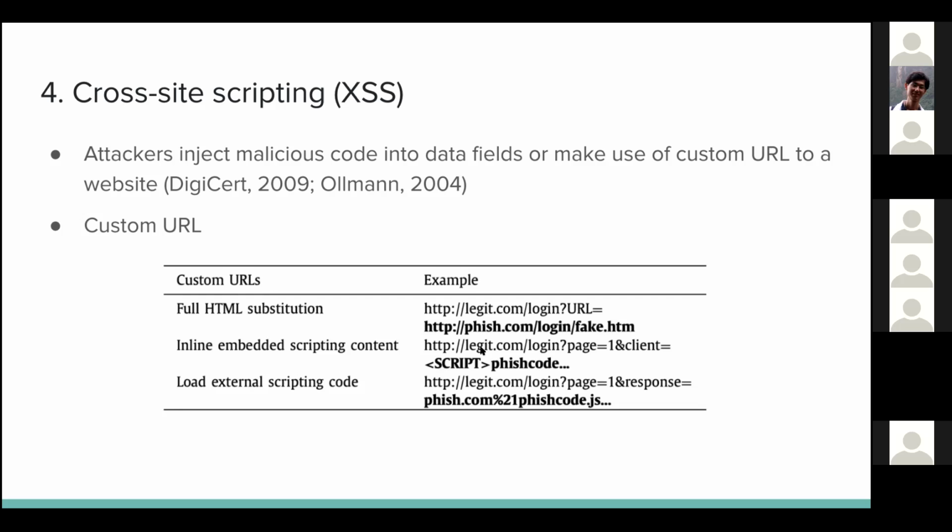Then a custom URL can also include scripts, so if the legit website is susceptible to cross-site scripting, when I load this website, it will also load this script, and then this script will run the phishing code. Another possibility for using a URL to conduct XSS is to load code from an external web page instead of embedding the entire code into the URL.